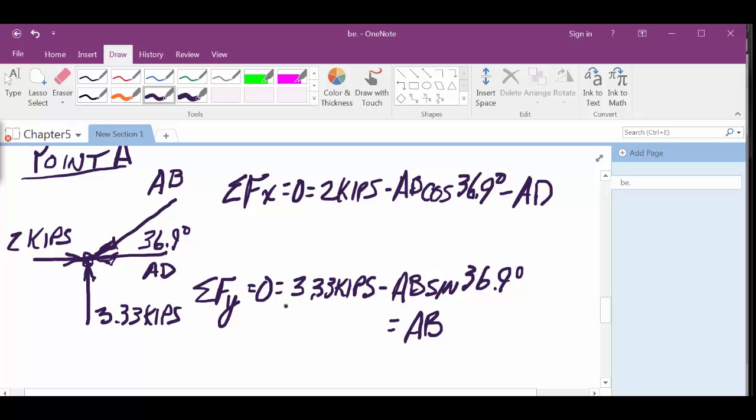So then we've got what? 3.33 kips divided by the sine of 36.9, right? AB equals 5.55 kips. Up or down?